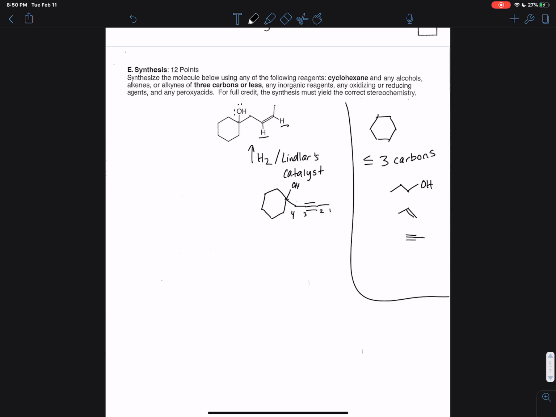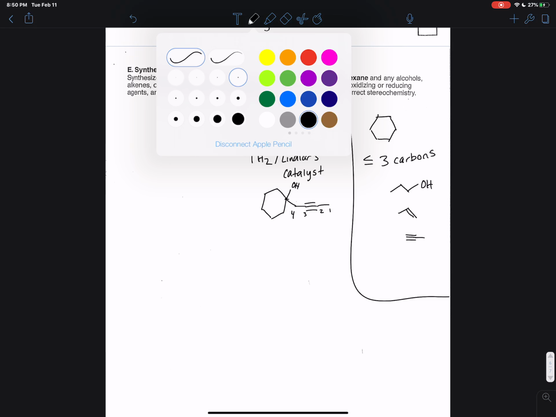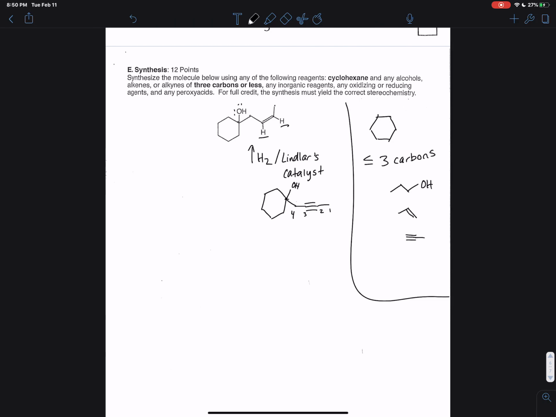And you notice how this right here, wait, 1 second. 1, 2, 3, 4, and 4. 1, 2, 3, 4. Okay, because we have 4 groups coming off of our product, like 4 carbons, right?